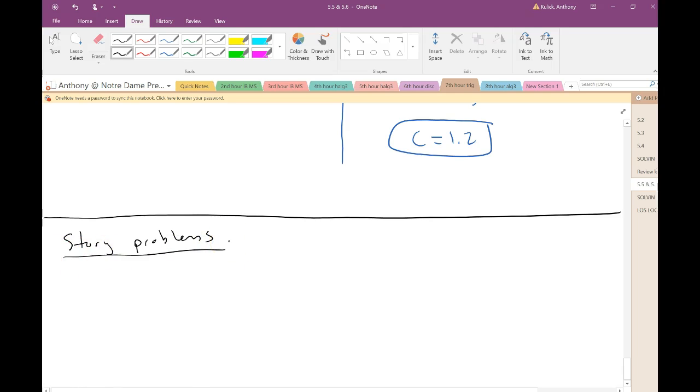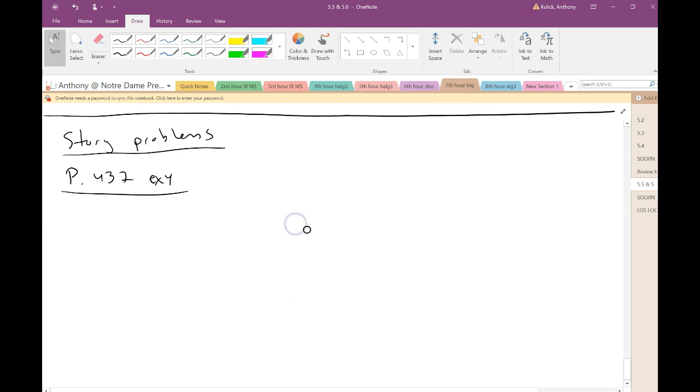Okay, so let's do some story problem examples using the law of sines or law of cosines. So the following is from page 437. This is example 4 from your textbook. It says the forest ranger Chris Johnson at Ranger Station A sights a fire in the direction 32 degrees east of north.